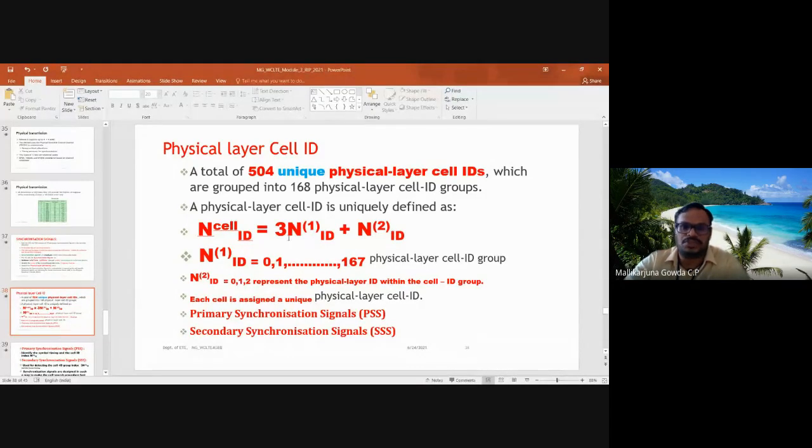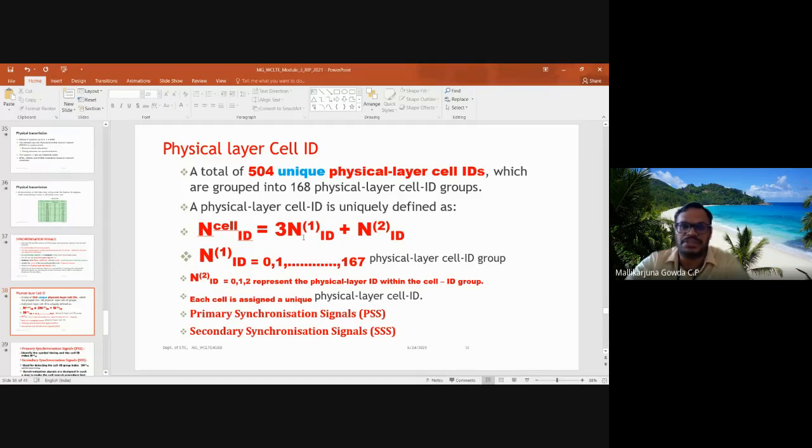The first one will be varying from 0 to 167. This is the physical layer cell ID group, N(1) ID. This value can vary from 0 to 167, meaning 168 physical layer cell ID groups are there.